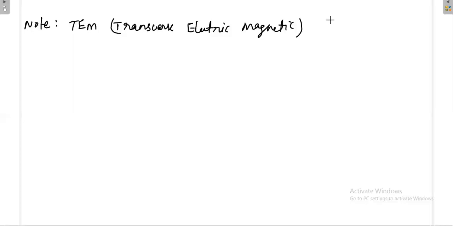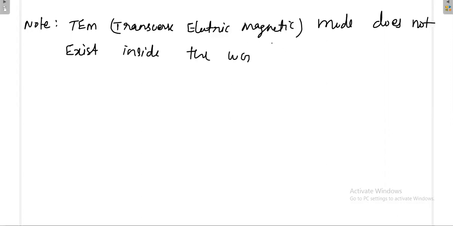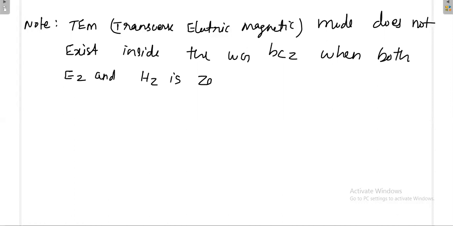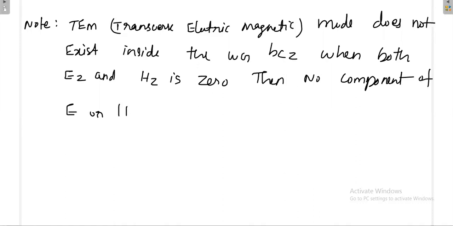TEM mode does not exist inside the waveguide, because when both Ez and Hz are 0, then no component of E or H field will exist inside the waveguide. Then wave propagation is not possible.